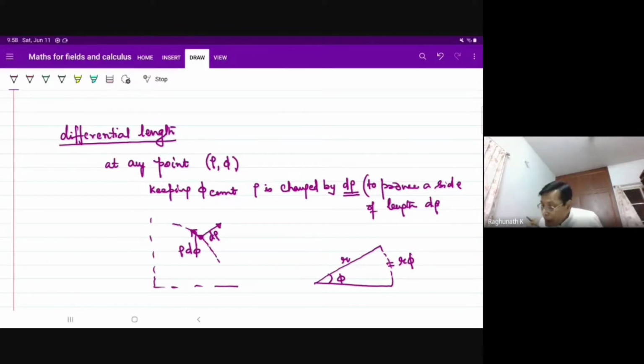By keeping phi constant, rho is changed by d rho.